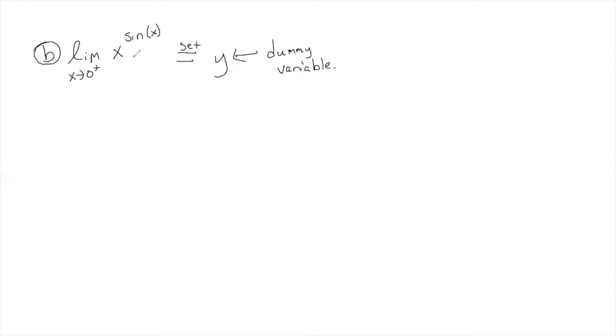Because I'm going to take a natural log of both sides here, and it's very tempting to want to solve for the natural log limit and stop there. But you have to remember that y is the thing that you want to solve for. So I'm going to carry this y through the whole time, and you'll see why that's important at the end. So taking the ln of both sides, and of course the reasoning for this is because I want this thing to come downstairs so I can play with it, right?